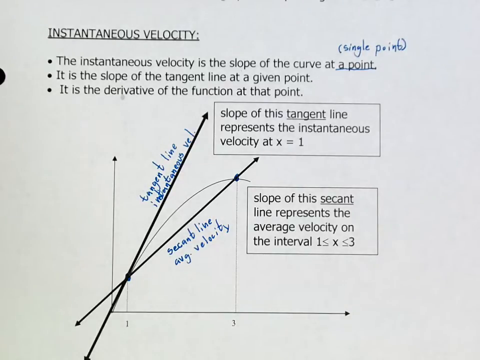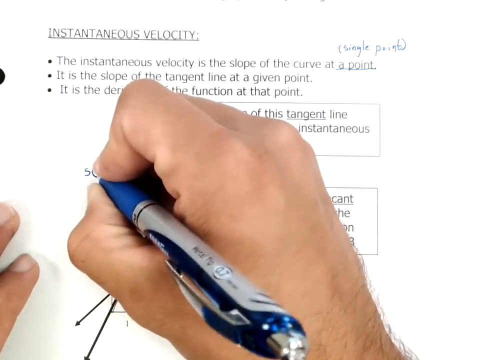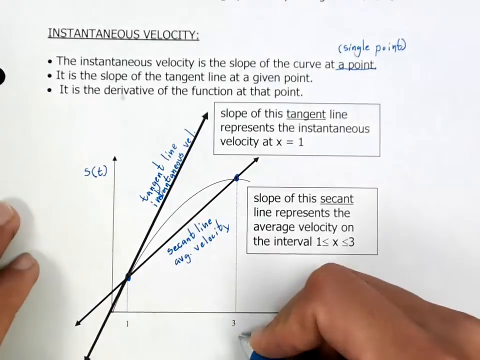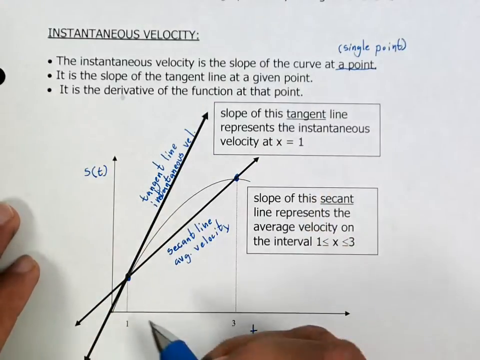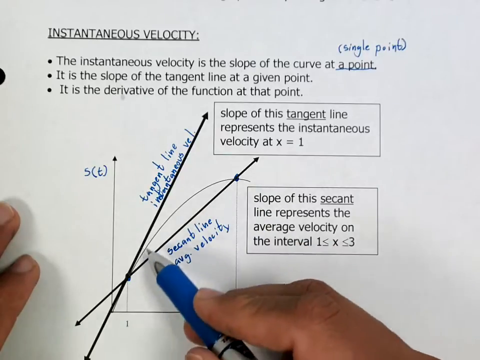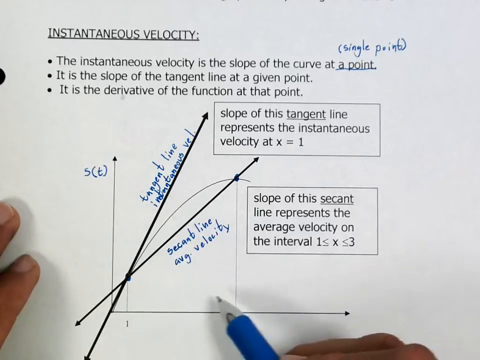The other thing I have to point out here is that even though this is not labeled, this would be S of t, and this would be t. So on the bottom you have time, and on the side you have position. This curve represents the position at any point in time between 1 and 3.